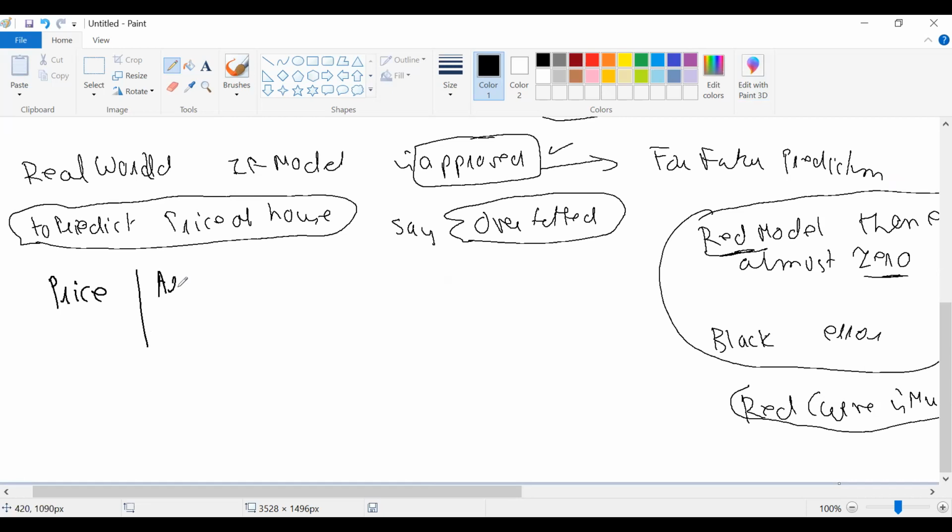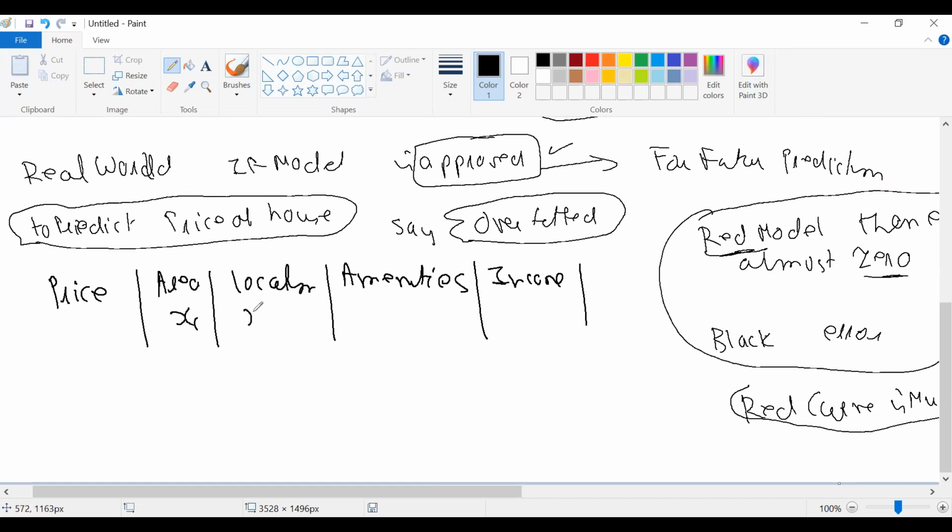It can depend upon your area, your location, your amenities or whatever. ठीक है? It can depend upon the income of the people. अगर लोगों की income ज़्यादा है तो people may be trying to buy a big house or whatever, right? So all these are your x1, x2, x3, x4, x5.